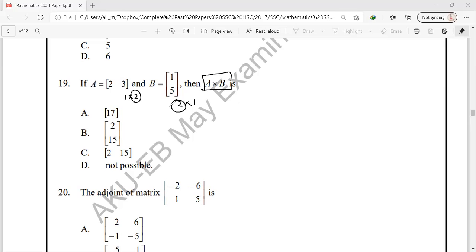So the product AB would have one row and one column. So the only option we have with one row and one column is option A. So we don't need to multiply these matrices. Without multiplication, we have an option that is correct, option A, 17.